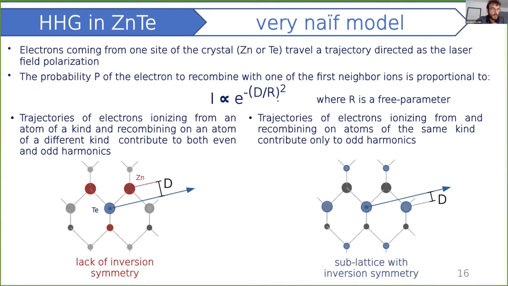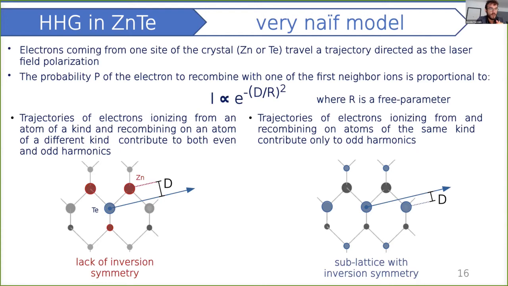Then we took into account that when the electron is ionized from an atom of one kind and recombines on an atom of a different kind, as shown here in the left plot, the radiation emitted is expected to contribute to both even and odd harmonics, since this process shows lack of inversion symmetry. There's no inversion symmetry in this process.